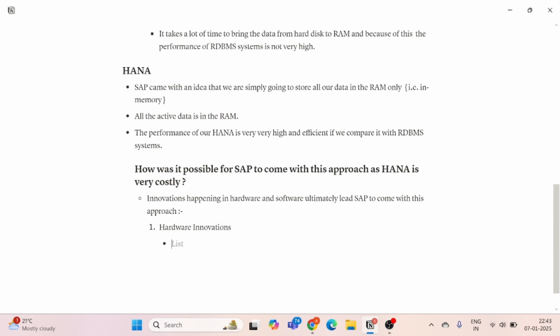If I talk about hardware innovations, the first is that over the period of time, the cost of memory came down drastically.